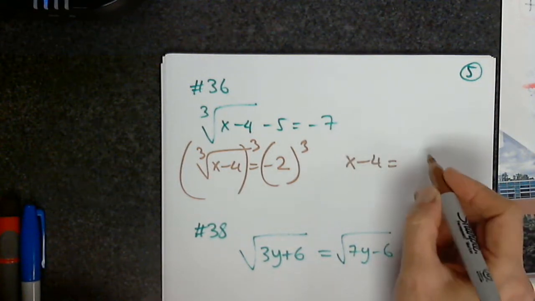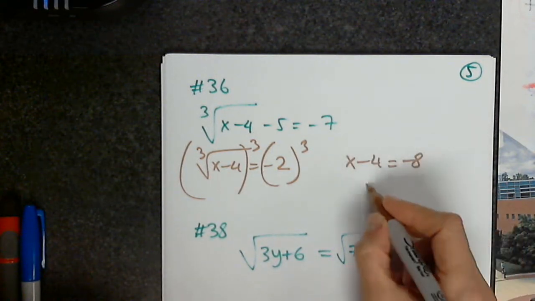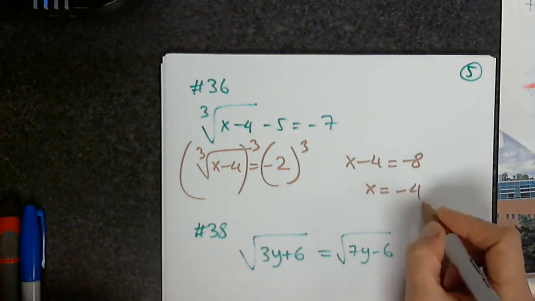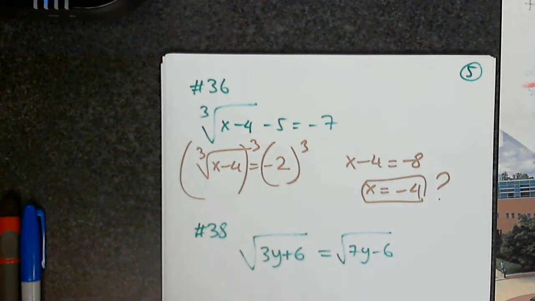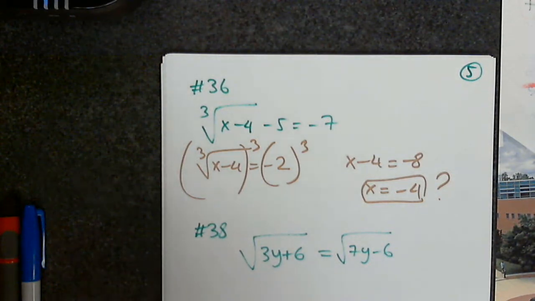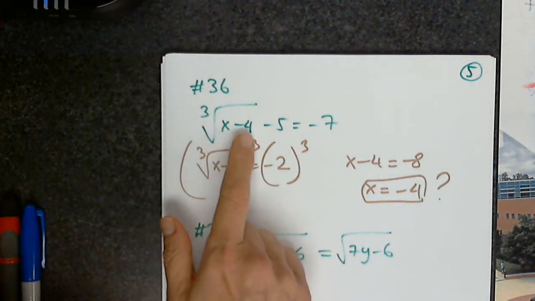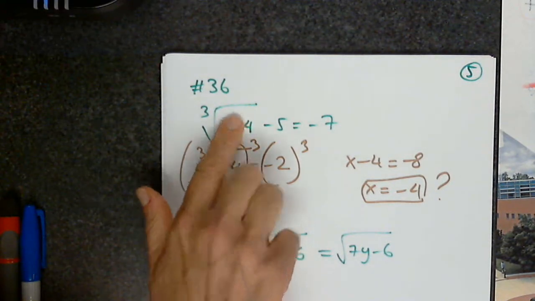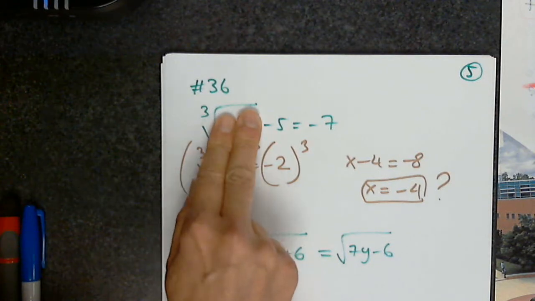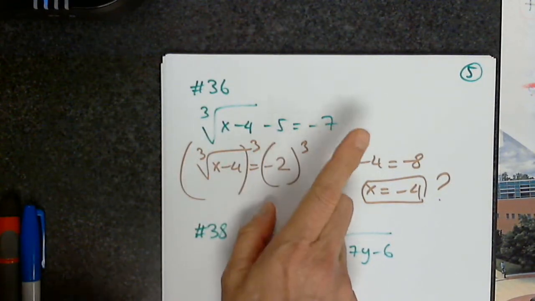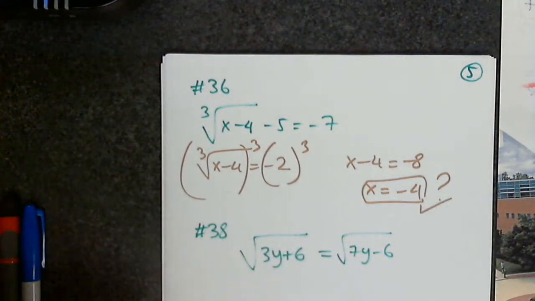The right-hand side is? Good. So I add 4 to both sides, and I get this. I know it's going to work because it's an odd index, but I still have to go back. Okay. Negative 4 minus 4 is negative 8. The cube root of negative 8 is negative 2. Negative 2 minus 5 is, as expected, negative 7. Yes.